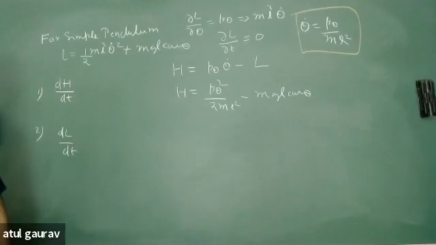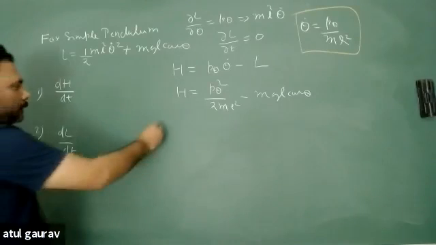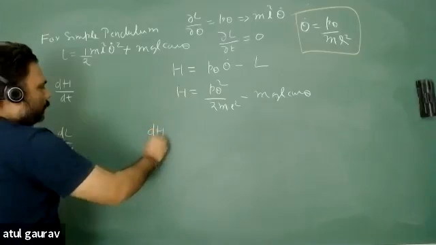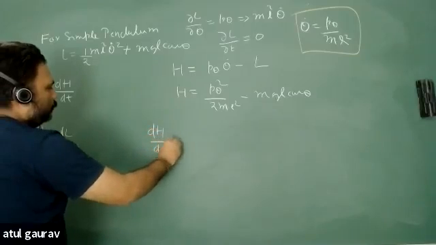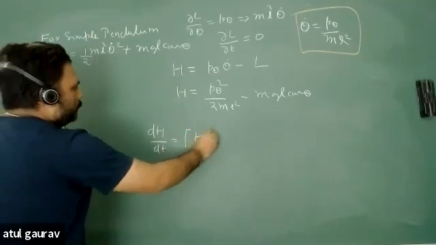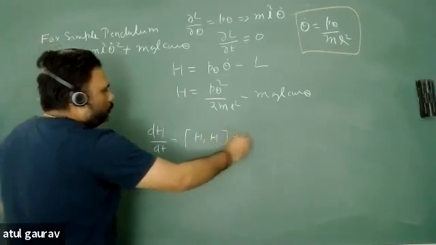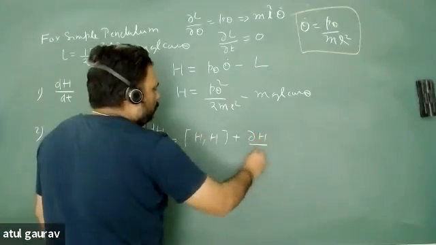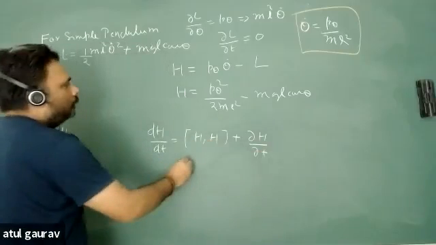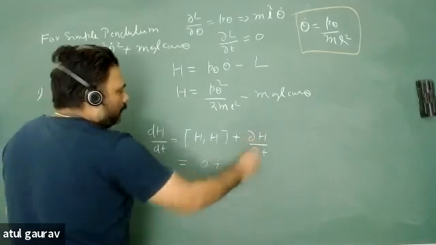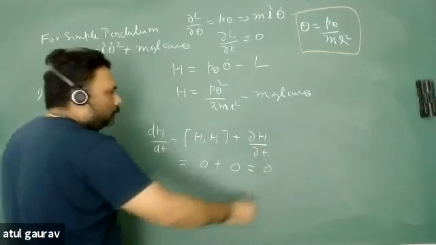Now let's try to find what will be dH upon dt. So obviously dH upon dt will be equal to the Poisson bracket of H and H plus del H upon del t. The bracket of H and H is always going to vanish. Del H upon del t is 0 here, so this is 0.